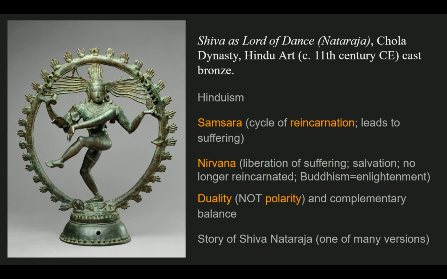This is described as samsara, the cycle of reincarnation. And there's this idea that when you are reincarnated, each life involves suffering. Especially consider earlier time periods. We're actually pretty recent by comparison with this 11th century bronze, and it's reflective of samsara.